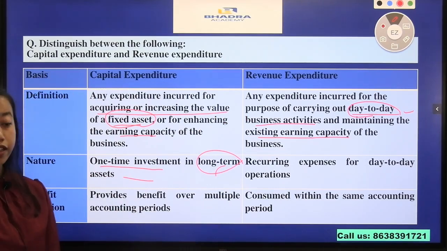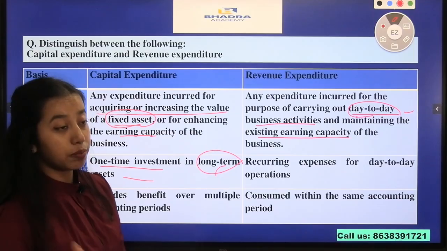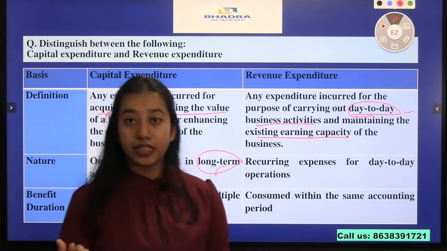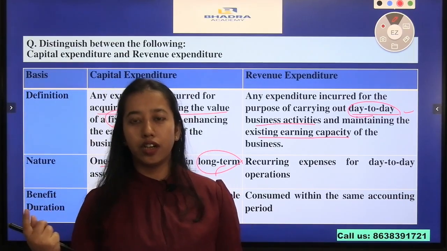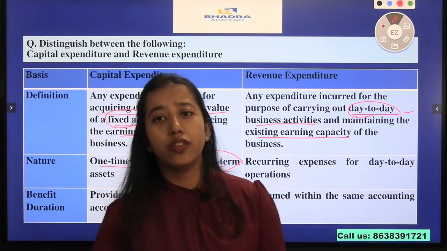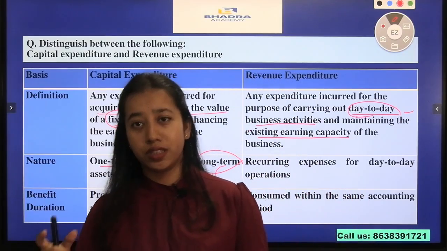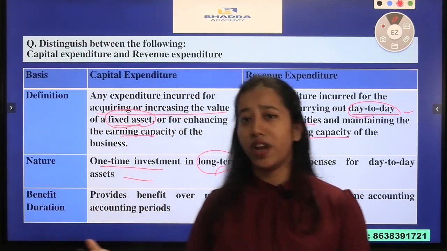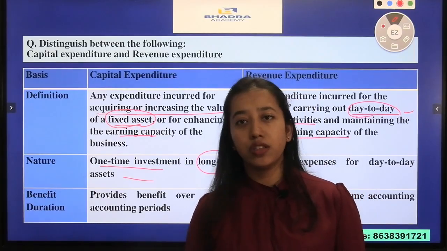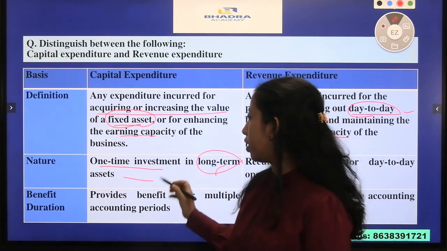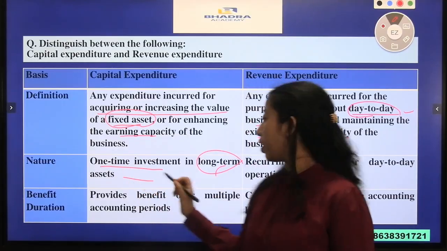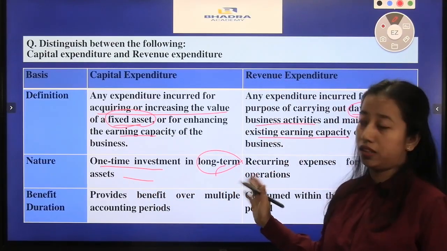As I said, these are expenditures made on fixed assets, and they are made only once or twice during the whole period of the business. Land will be bought only once or twice. That is why it is known as a one-time investment in long-term assets.